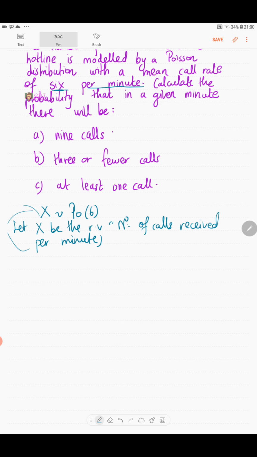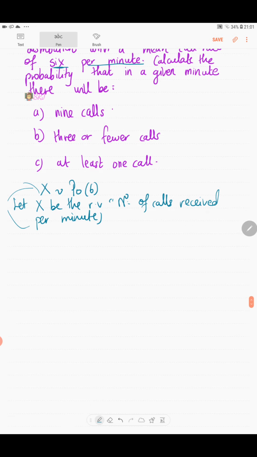So next we write X follows Poisson distribution 6, and we know that X takes value 0, 1, 2, 3 up to infinity. So part A, we have to calculate the probability that 9 calls are received in 1 minute. So probability capital X is equal to 9.